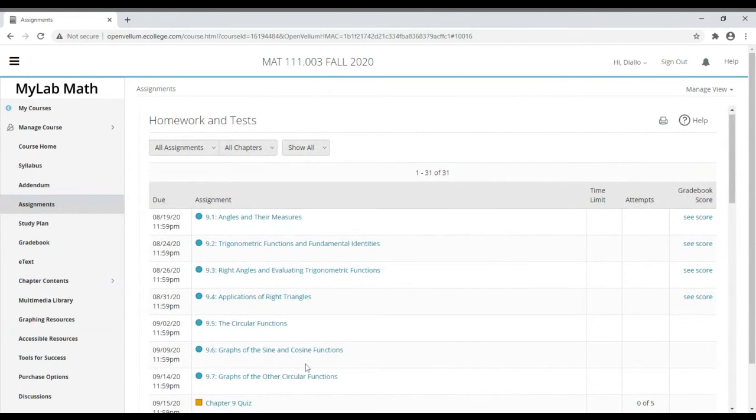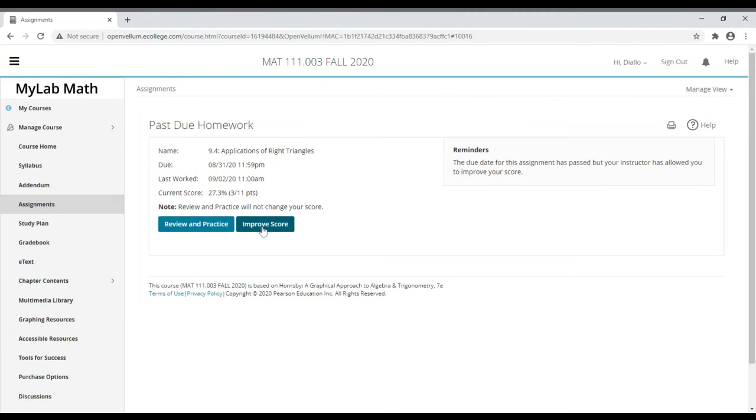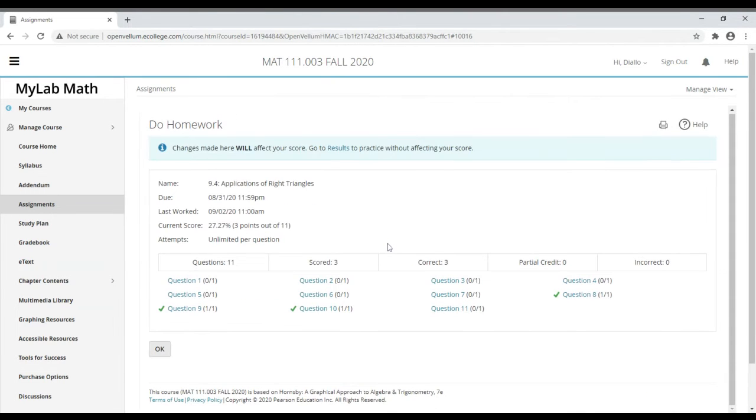I'm going to go into section 9.4. And there's problem number 8. And there's usually some questions about these problems.